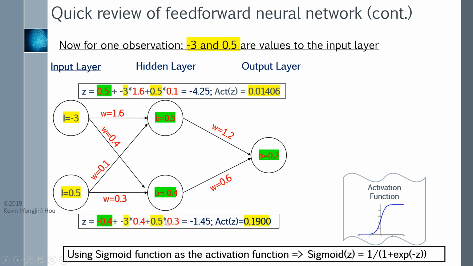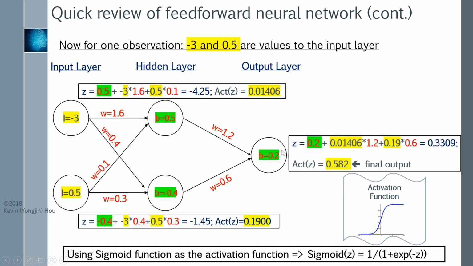Similarly, we do the calculation on this layer, on this node, using these inputs, and we get this z value and the activation value based on this particular z value, and this gives us 0.19. Further on, we can derive the z value on the final output layer node and also its final prediction.